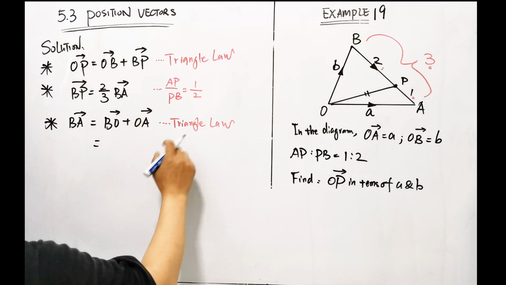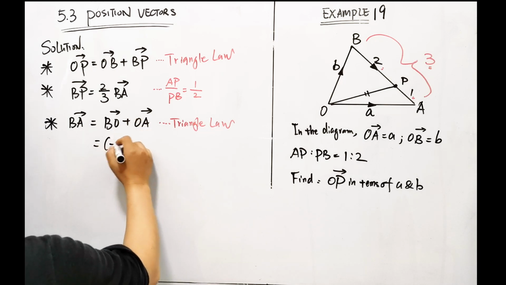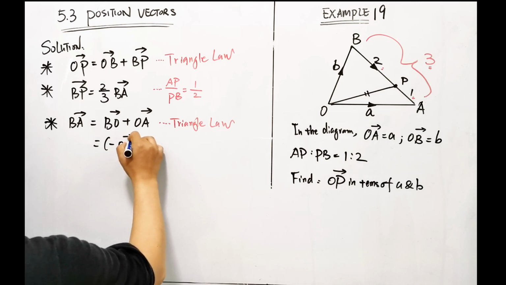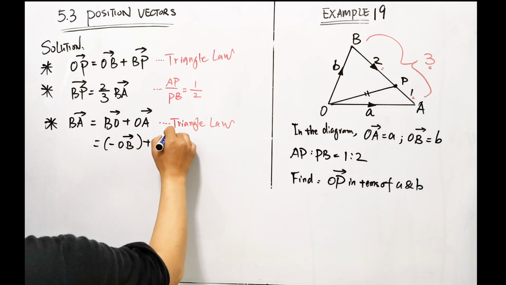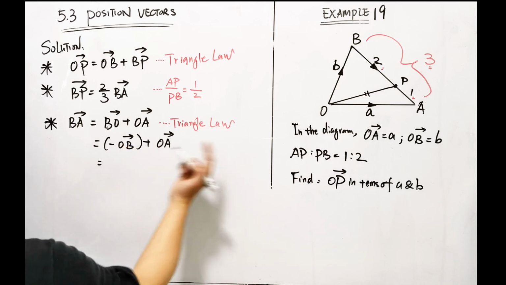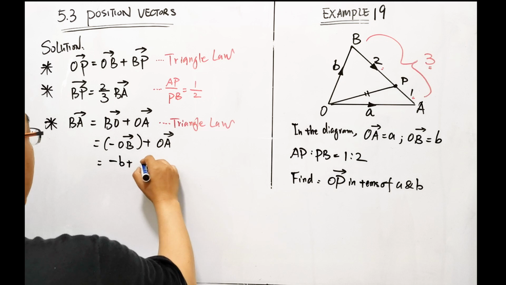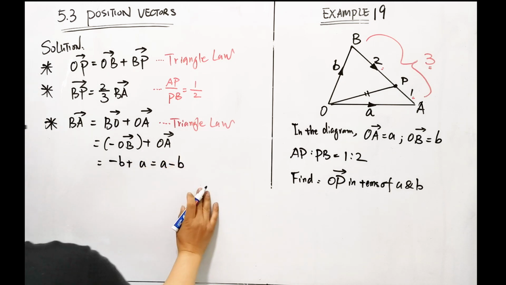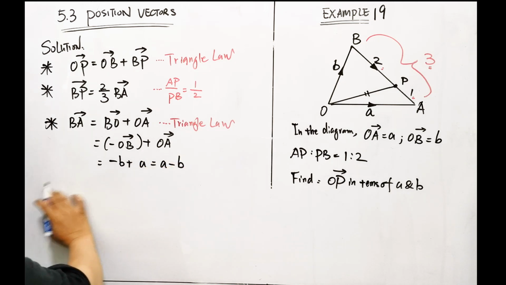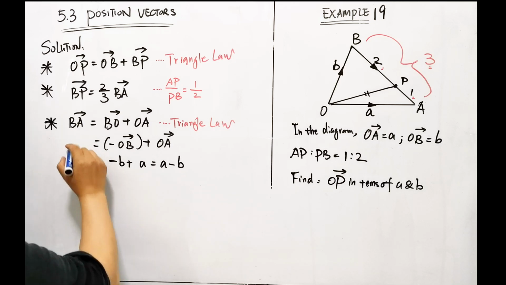We know that OB is B, so BO is minus B, plus OA. So it's minus B plus A, so it's A minus B, right? Quite straightforward.